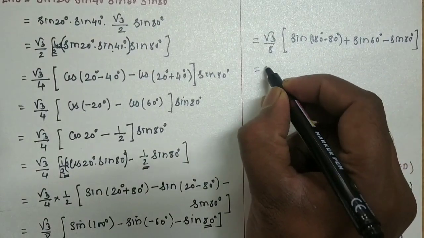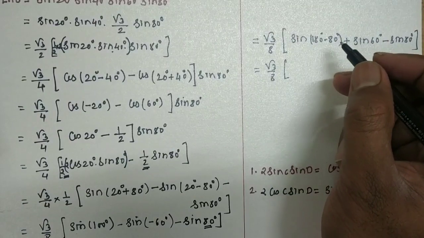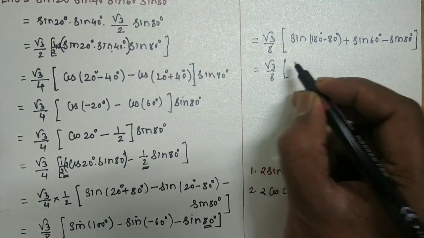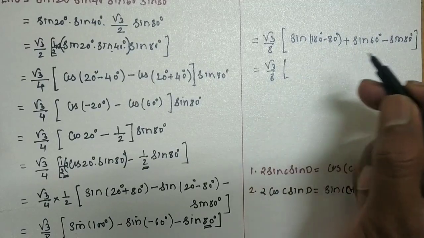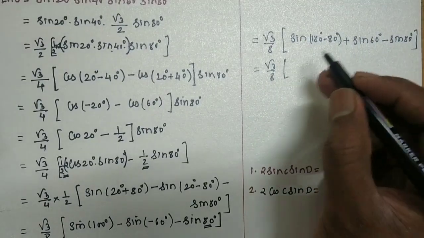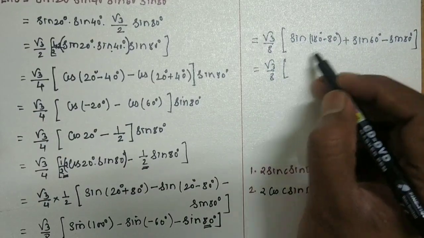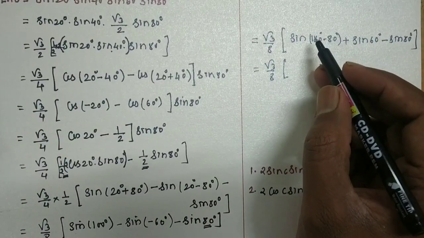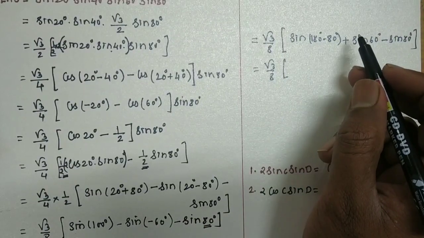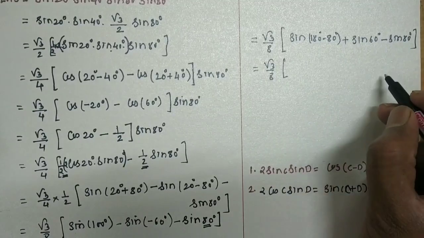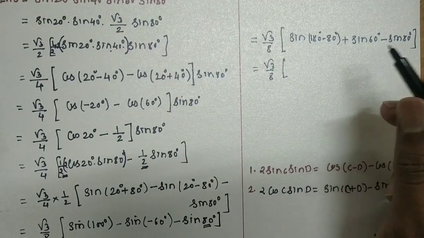Now this is equal to root 3 by 8. What is sin(180 minus theta)? We are in the second quadrant, and in the second quadrant sine is positive.